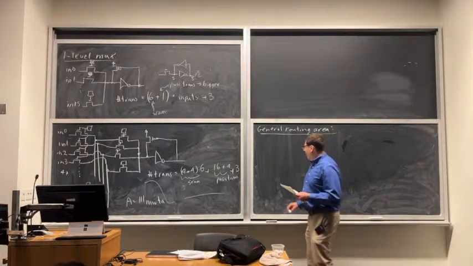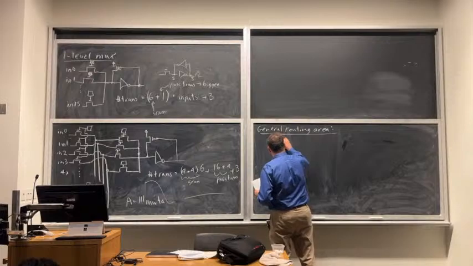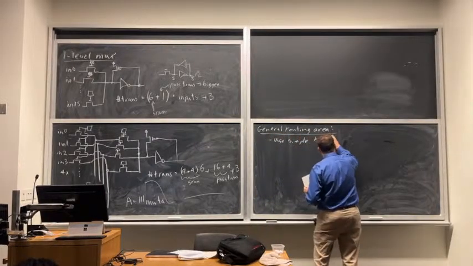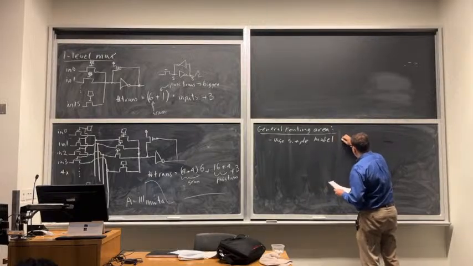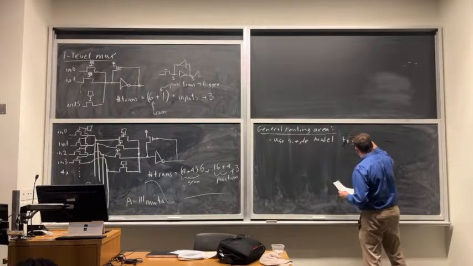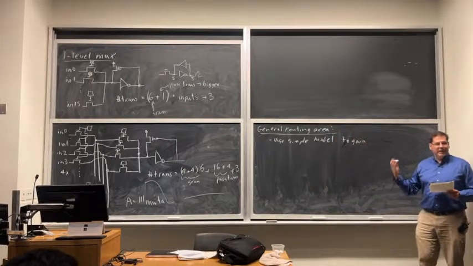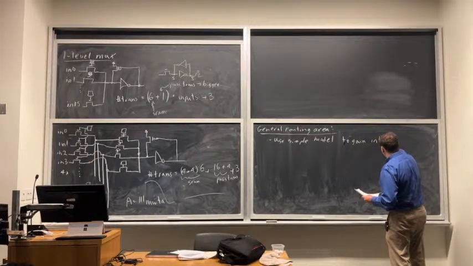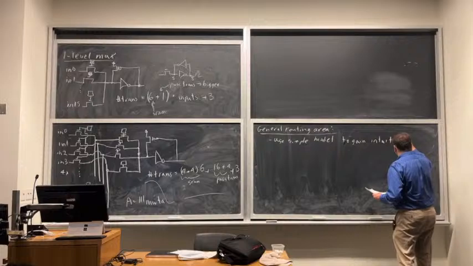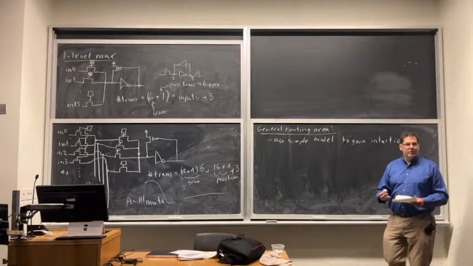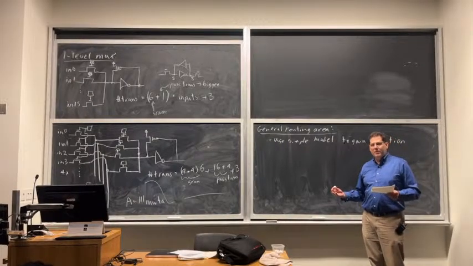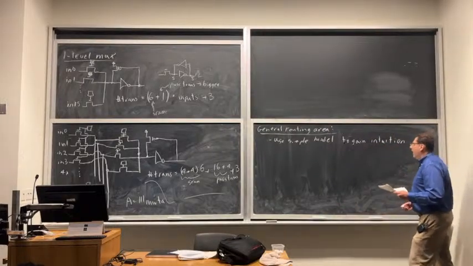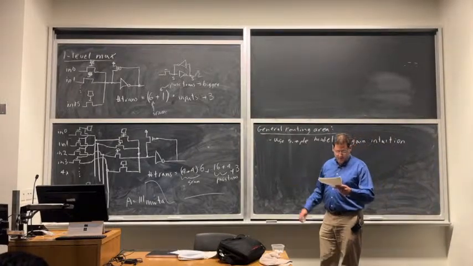So what we're going to do is use a simple model to gain intuition. One downside of running a CAD tool is you have to go write it. But the other is if you don't have some intuition, you kind of just trust whatever the CAD tool tells you, even if you've set it up improperly and it's not making any sense. So you want to have an intuitive sense of what should be happening.